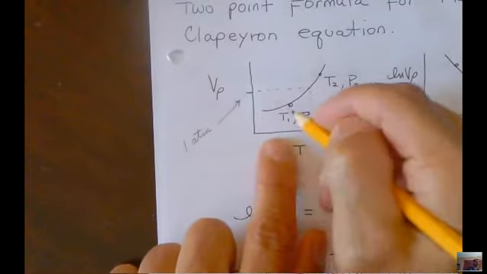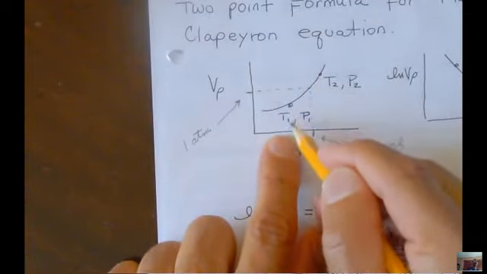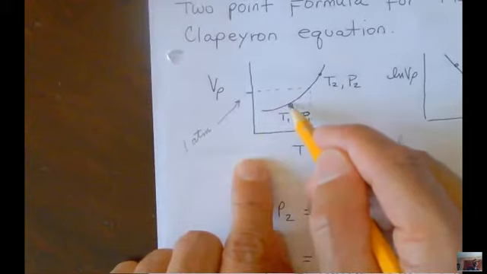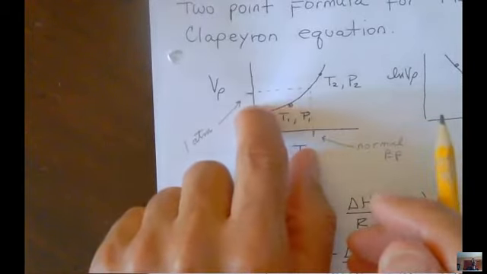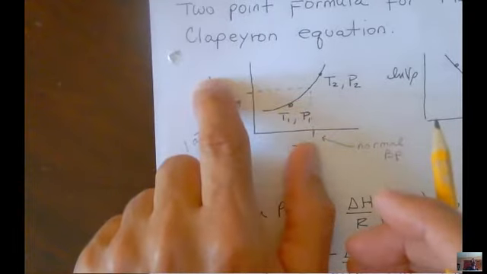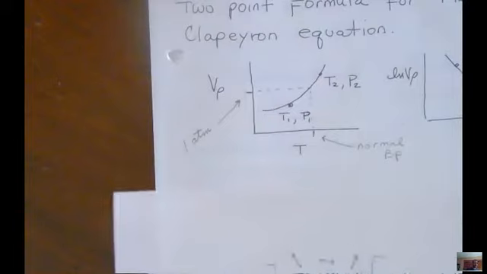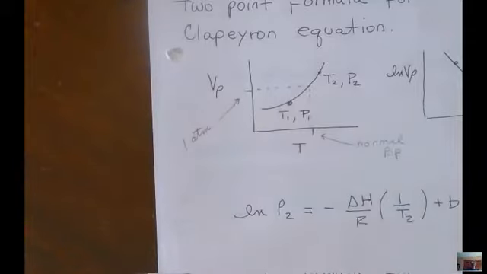So at a lower Kelvin temperature and lower pressure down here, that point on the line would represent the vapor pressure. The vapor pressure would be the amount of pressure that's coming off the liquid and going into the atmosphere.